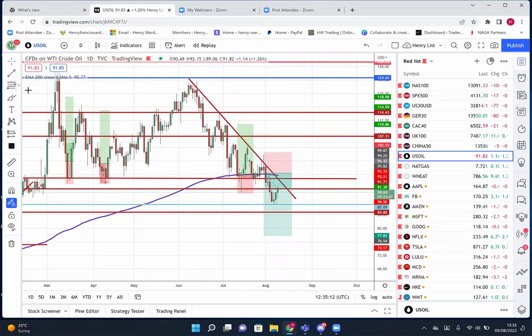And again, if we come back to there, we'd be very close to that 200 moving average as well. I'm expecting a little bit of a sell-off at that particular point. So what is that? $95, $94, $94.80, $95 in around there. It looks like there's a little more downside here over the short term.